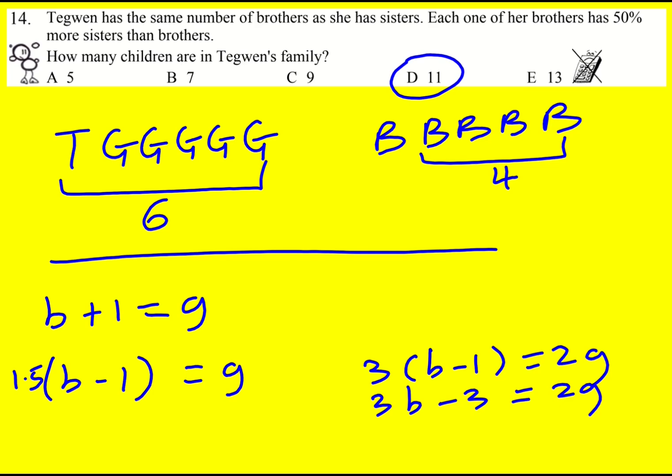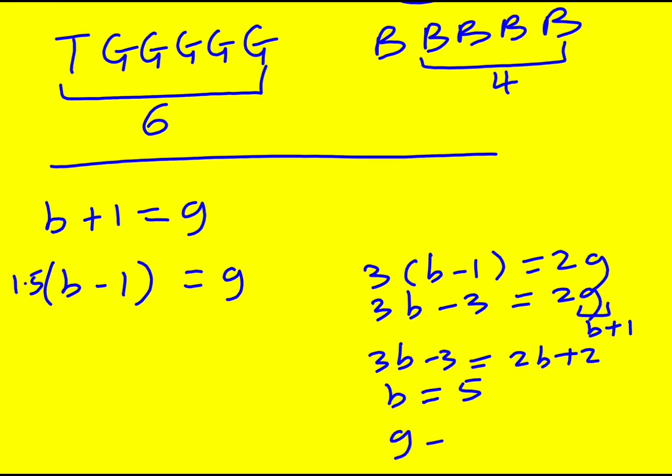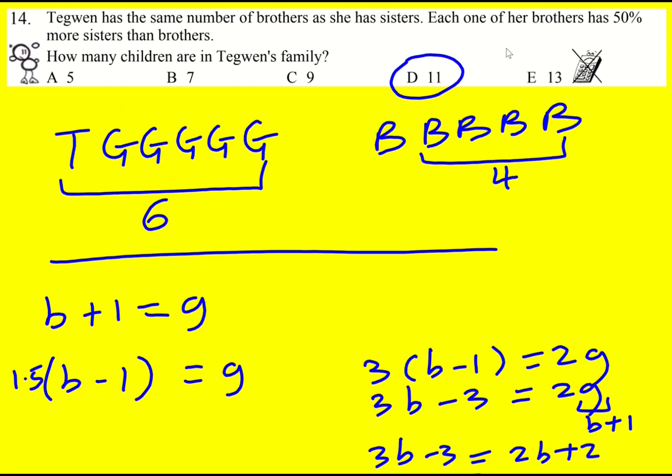But b plus 1 is equal to g, so I can replace this g by b plus 1. So 3b minus 3 is equal to 2b plus 2. Remember, b is the number of boys, so the number of boys is equal to 5. And from that, the number of girls is going to equal 6. And therefore, the total number is, as before, 11.